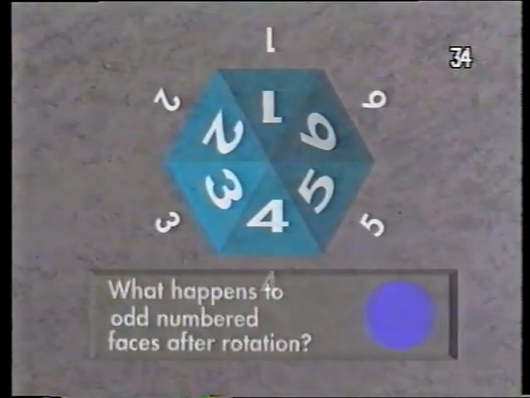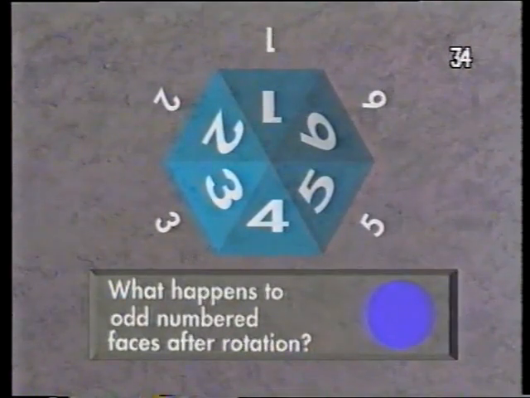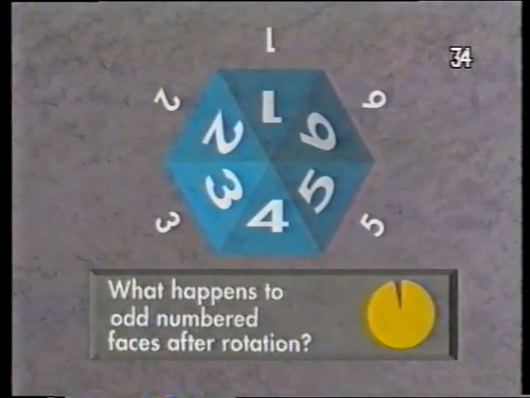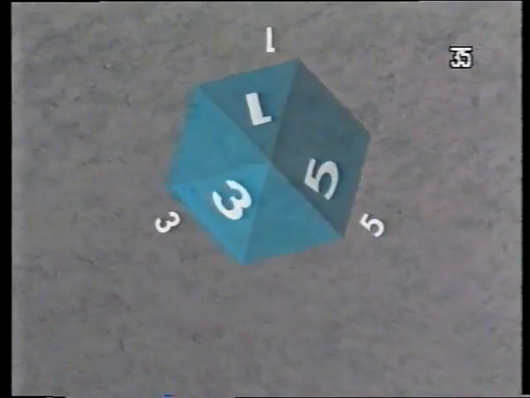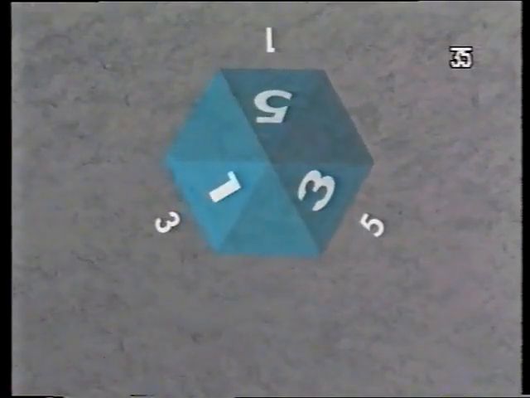First, what happens to the odd-numbered faces when I perform the rotation? The faces move round in a cycle. Face 1 moves to position 3, face 3 moves on to position 5, and 5 moves round to 1 to complete the cycle. So that gives a cycle 1, 3, 5.